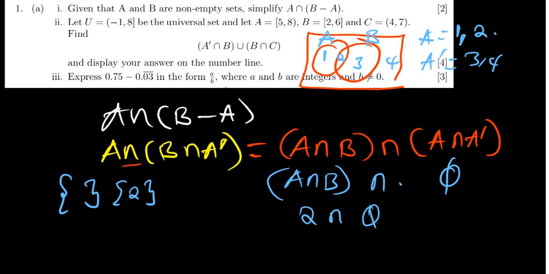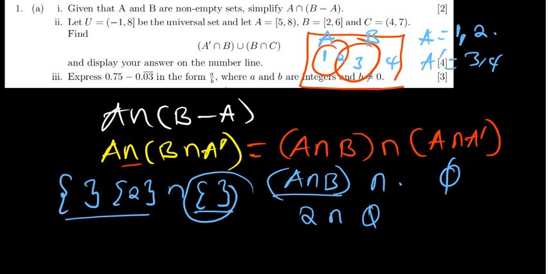Then here we only have the empty set. So the intersection between this and this is going to be just the empty set. So that's the reason why the answer here is going to be just the empty set. Any question? Do you have a question or is it clear?